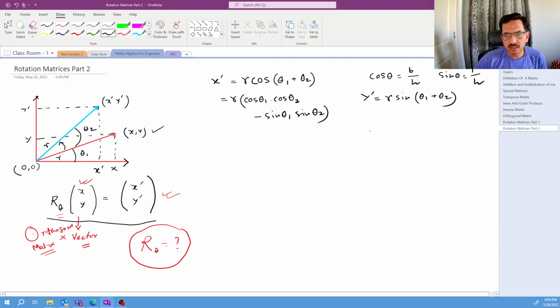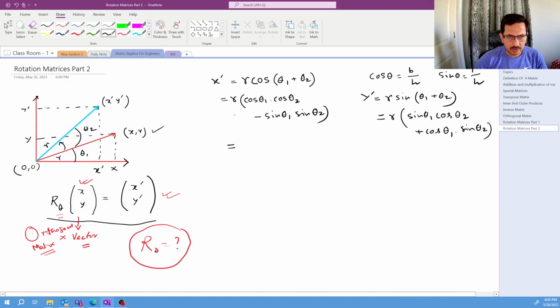And what is the formula of sine of theta 1 plus theta 2? That is sine theta 1 into cos theta 2 plus cos theta 1 into sine theta 2.